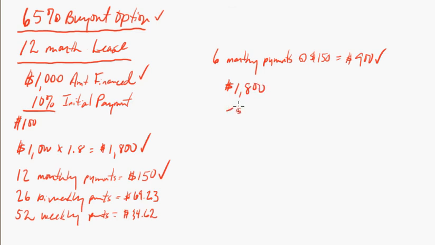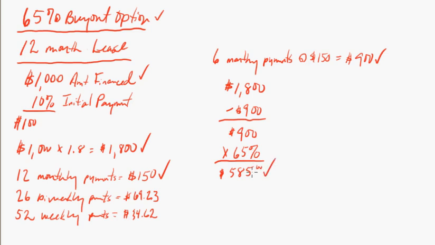They'll subtract the $900 worth of payments and come up with a remaining balance on the lease of $900. At that point, Progressive will multiply that $900 remaining balance times 65%, and that will give them a total of $585.